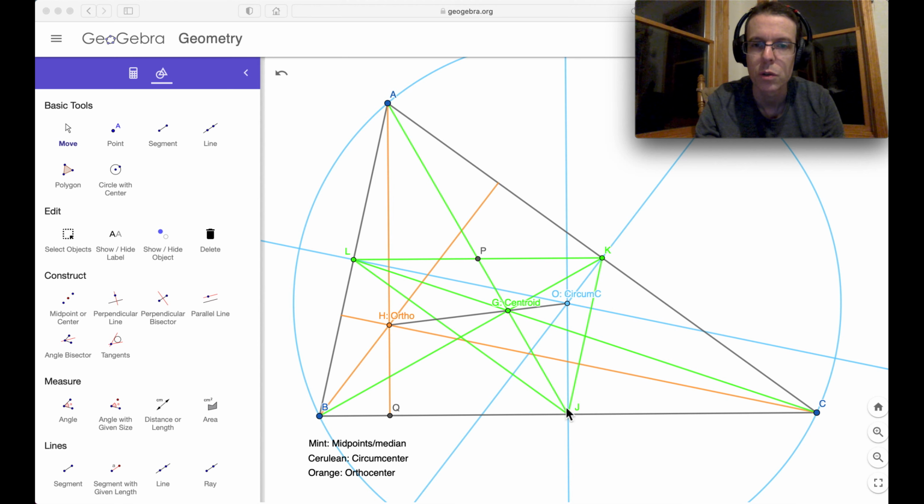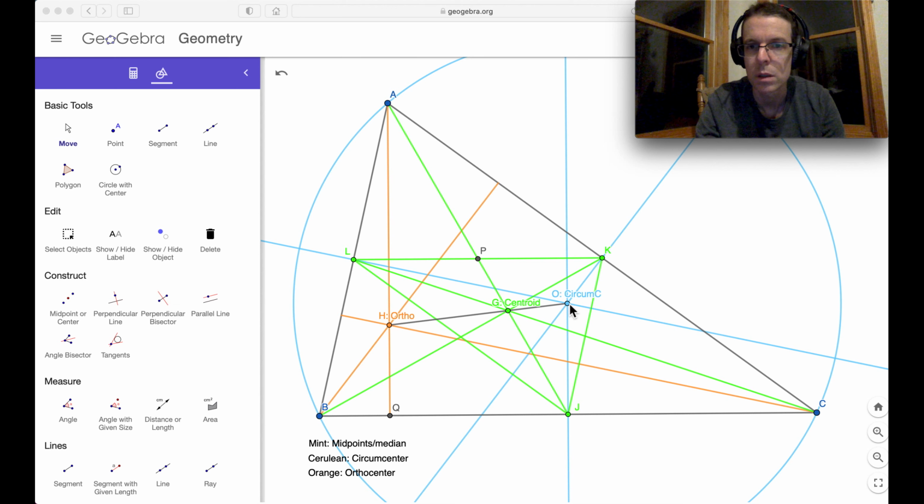mint triangle here, the medial triangle, they are not perpendicular bisectors, right? This blue line here is certainly not, well, it is perpendicular to LK, but it certainly isn't a bisector of LK. Instead, it's an altitude. And so this line is an altitude as well. This line here is an altitude of this green triangle, and that makes O have a dual role.